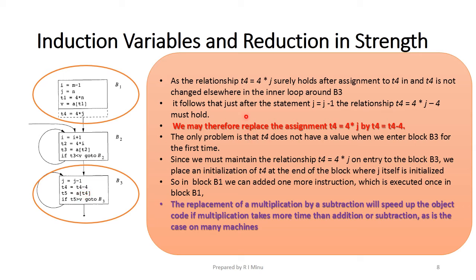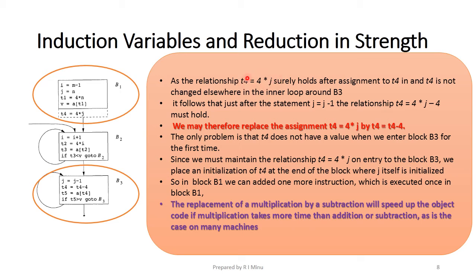Instead of writing 4 into J, we can replace it with T4 is equal to T4 minus 4. What we have done is reduce the strength.